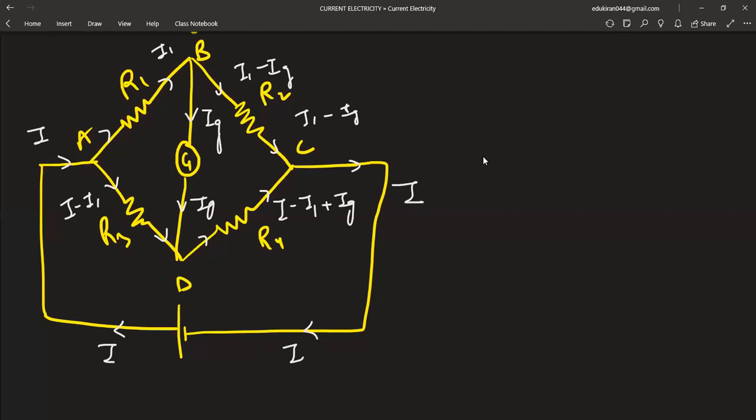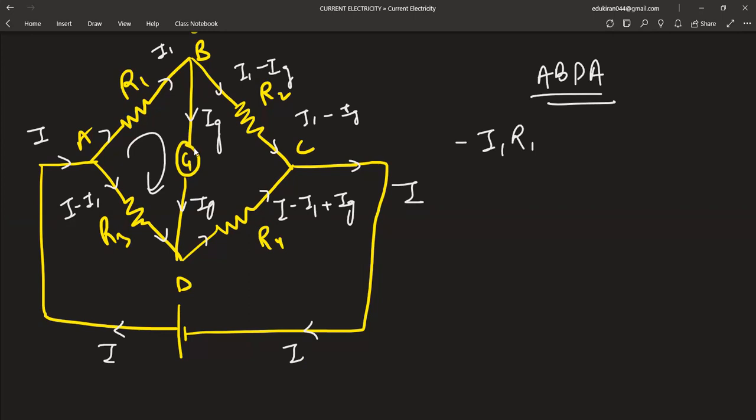Now, see, A, B, D, A. Let's move like this. When we are going from here, this is minus I1 R1, right? We are moving along the direction of current.